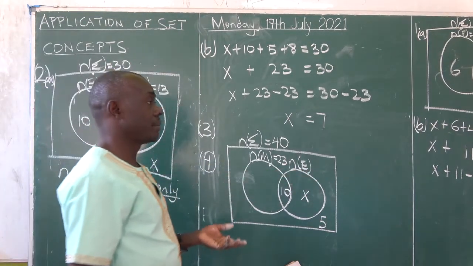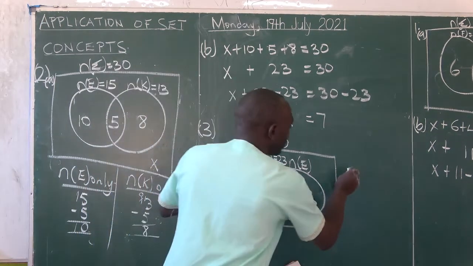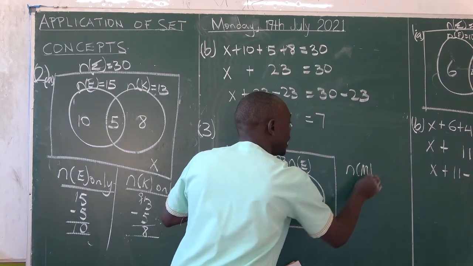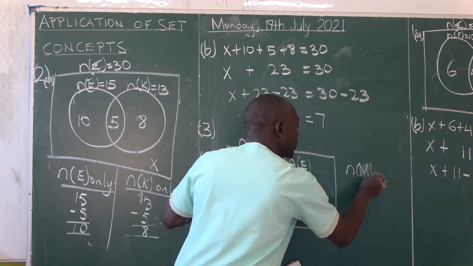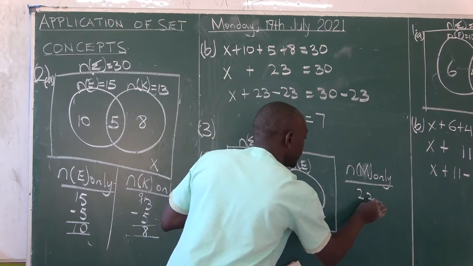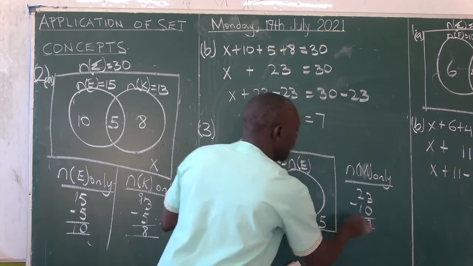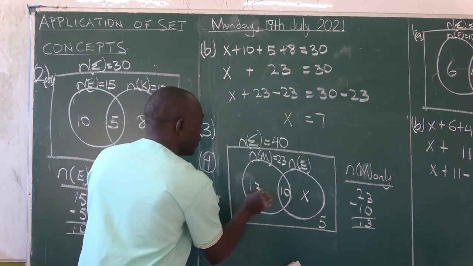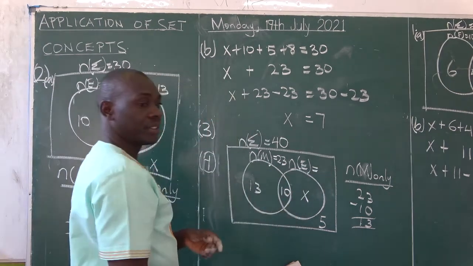It is so much similar to the first number we did. This is called math only, so number of elements in set M alone. Remember, these must be capital because they are proper nouns. So M only, and then write our 23, take away the 10, subtract properly, and get 13, thereby writing 13, and then here fill that information.